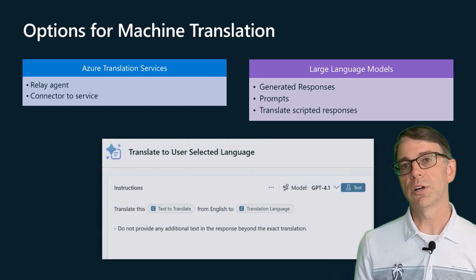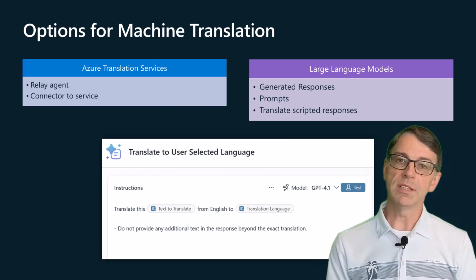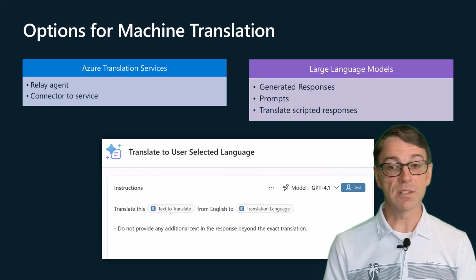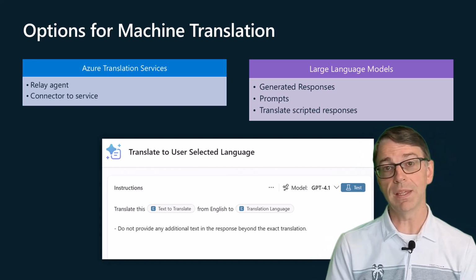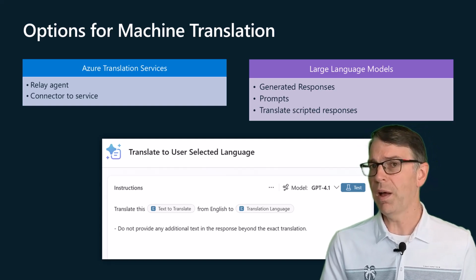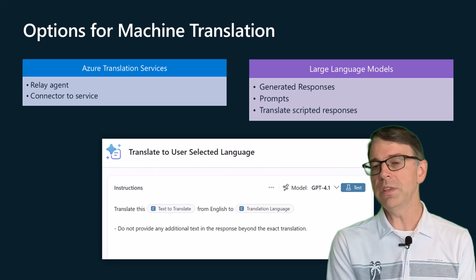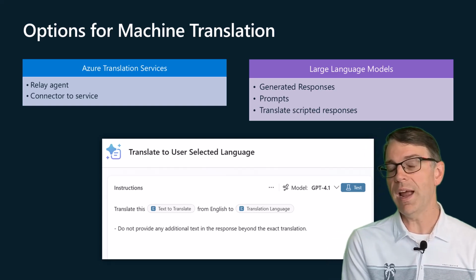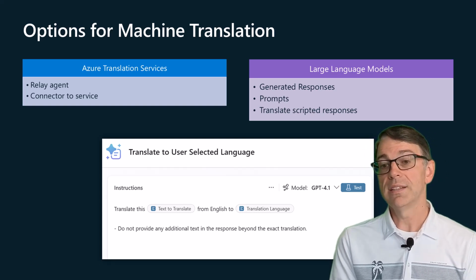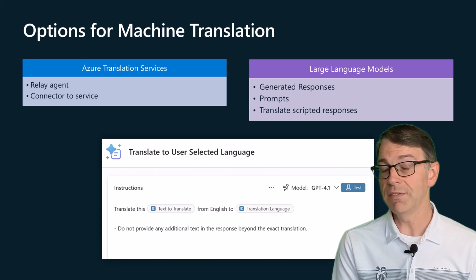Now let's talk about large language models. In large language models, we have the ability to generate a response. And so this is going to give us the ability to say, let's actually change the response and generate it in a different language. Now we can do that within the prompt itself, or we can say that I would like to translate something that's already been given back.